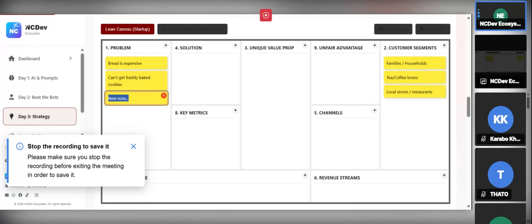So moving forward, local stores and restaurants. A problem they could be facing is perhaps that they don't have freshly baked cookies in their stores, right?